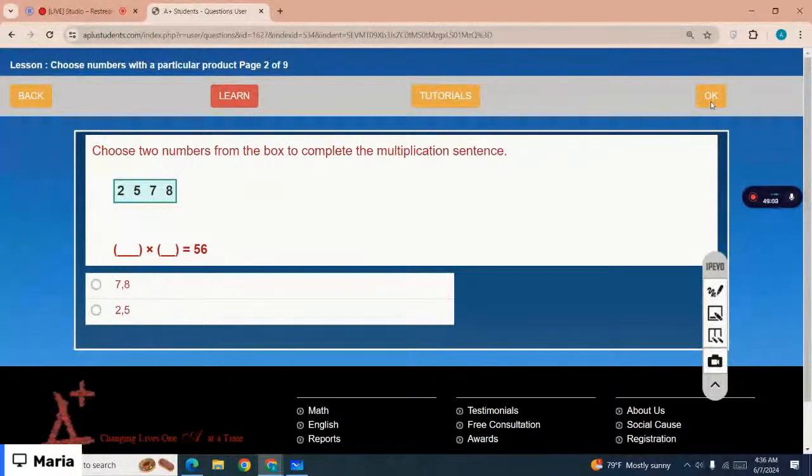Choose two numbers from the box to complete the multiplication sentence. Which two numbers have the product 56?